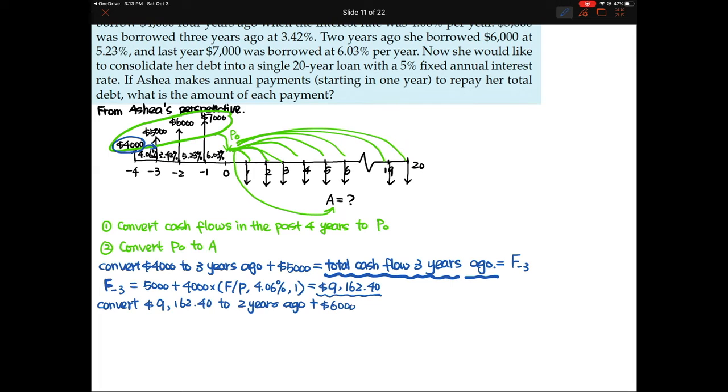So you're gonna have the total cash flow 2 years ago.